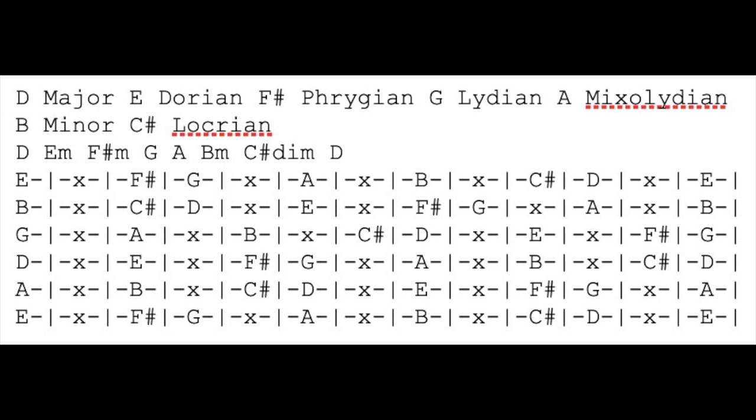And as I said, you're going to find them all in here. So you've got your D major as your 1 chord, E minor as your 2 chord, F sharp minor as your 3 chord, G major as your 4 chord, A major as your 5 chord, B minor as your 6 chord, and C sharp diminished as your 7th chord, leading right back to D major.